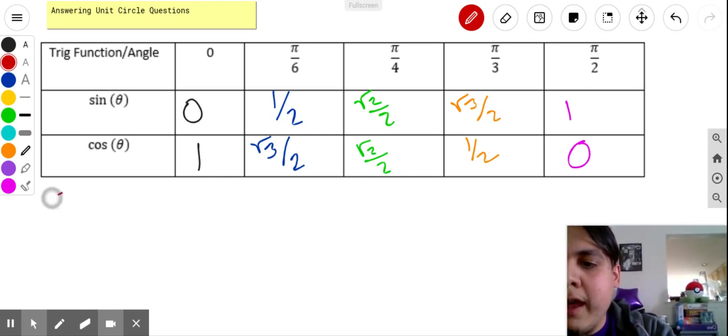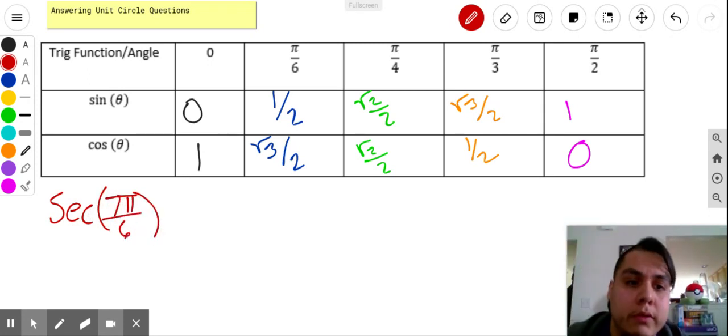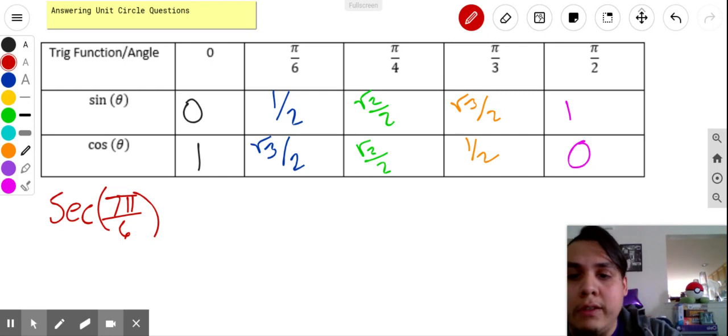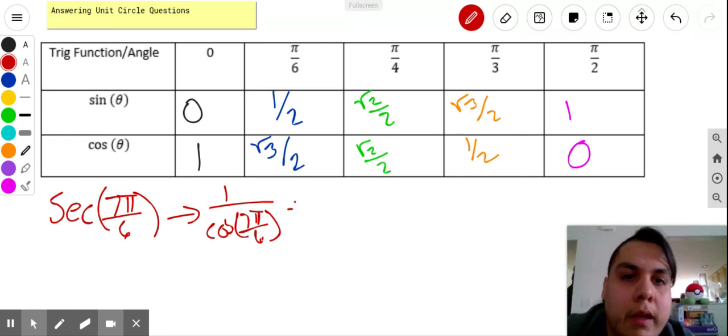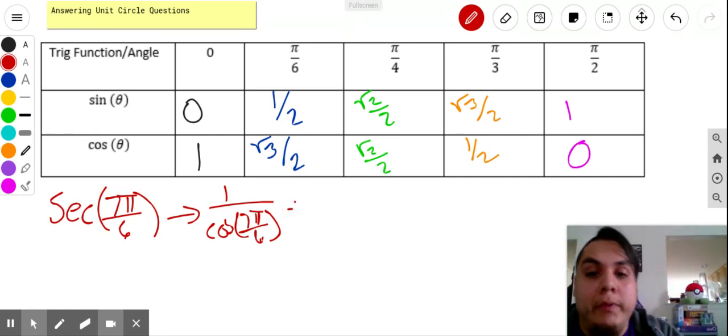So let's say we have secant of 7 pi over 6. Okay? So I know secant is the reciprocal of cosine. So if I figure out what cosine is, I'm going to think about this as 1 over whatever cosine of 7 pi over 6 is, and then just take the reciprocal of that.